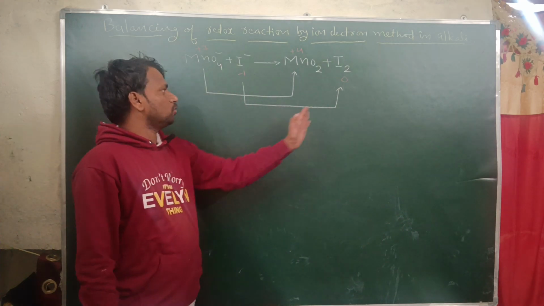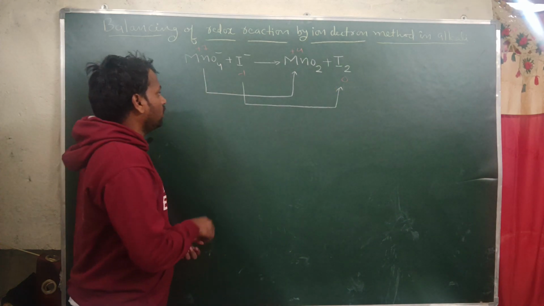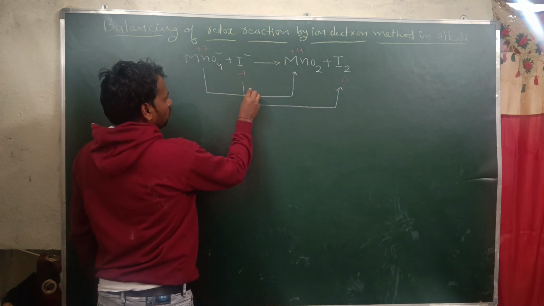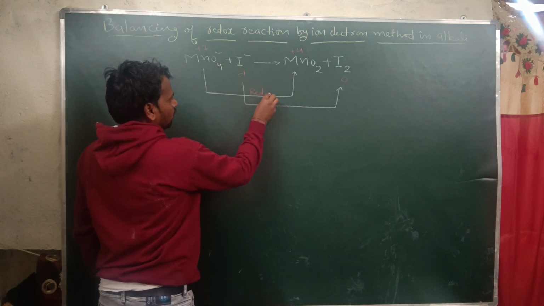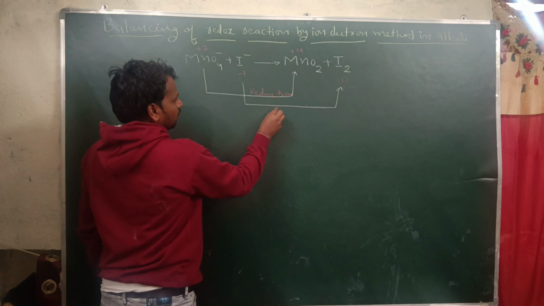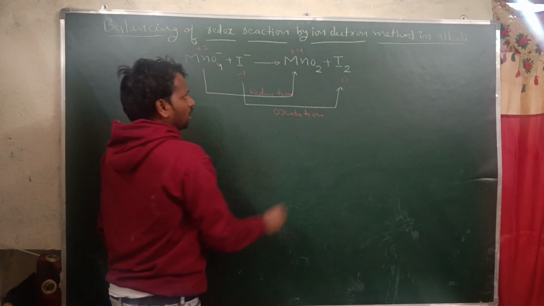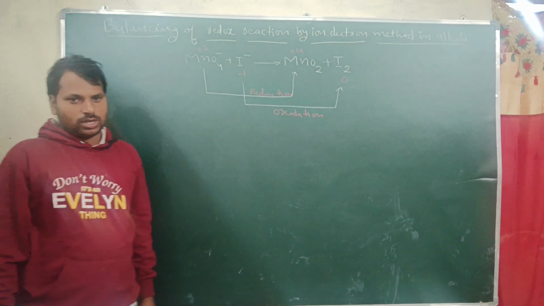So -1 to 0 is the oxidation. So this is the reduction reaction, and this is the oxidation reaction.